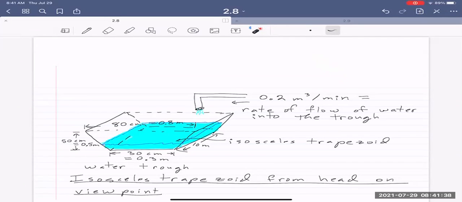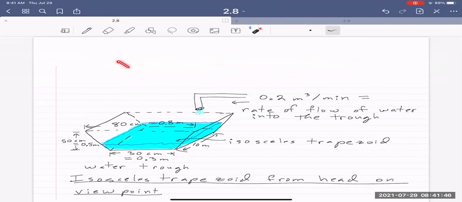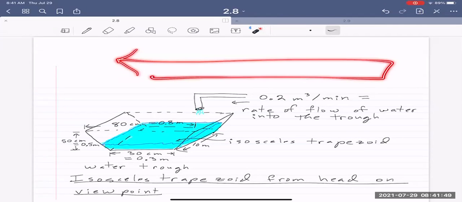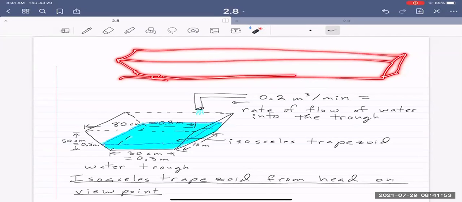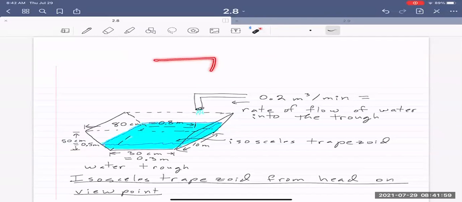It's some isosceles trough. Okay, so something like this. Then you pour water into it. And so if you look at it a little bit more straight on, it looks something like this, which is the way I've drawn it here.